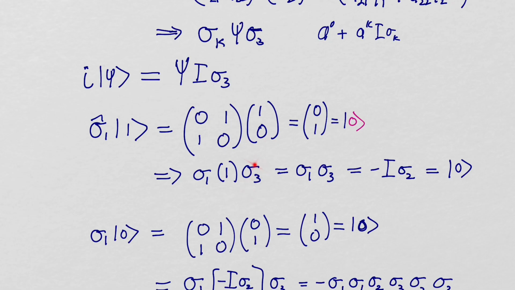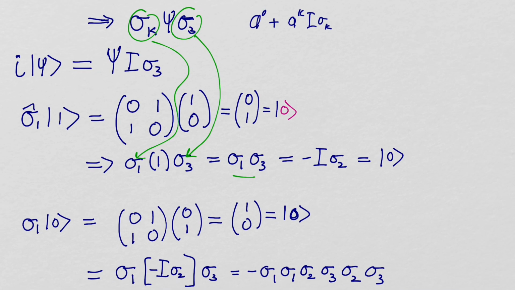So I multiply on the right by sigma 3 according to this operation, and on the left by sigma 1. So I get sigma 1 sigma 3, which is minus i sigma 2, which I know is the down state. So these two match, and our formula is validated at least for this condition.